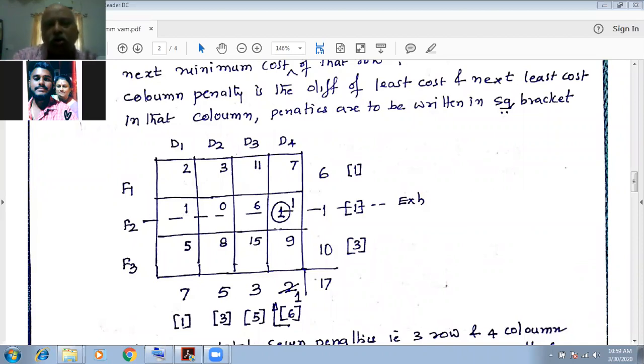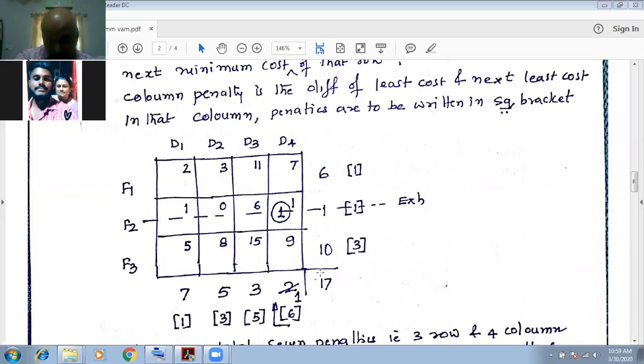Don't worry about that, only consider the value. You have to start from the minimum value in the ascending order. The difference between these two, 1 minus 0, is 1. You write that value here. This is row penalty number 2. So there are 3 row penalties because there are 3 rows.